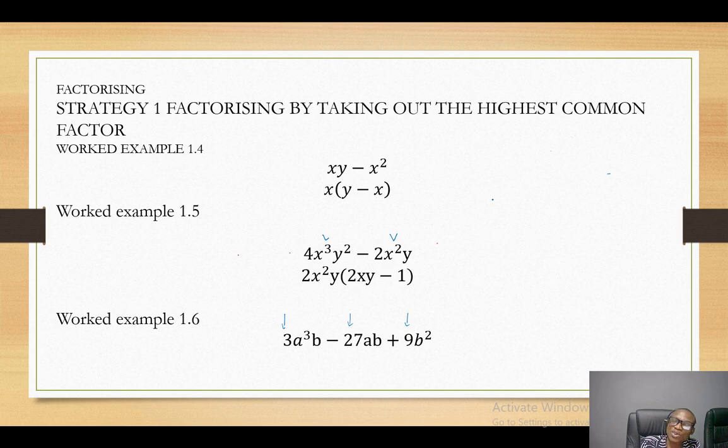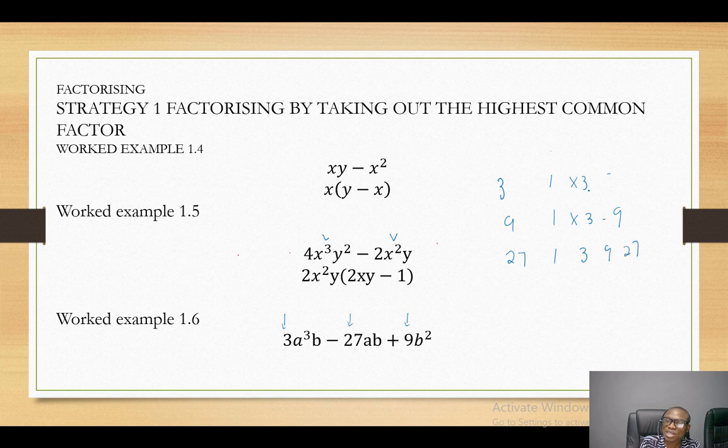If you look at the factors of 3, it's 1 and 3. You look at the factors of 9, it's 1, 3, and also 9. You look at the factors of 27, it's 1, 3, 9, 27.